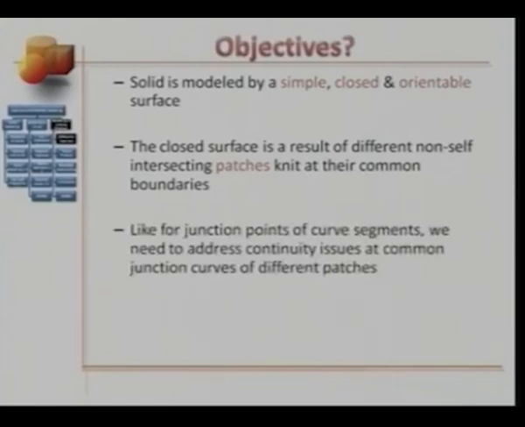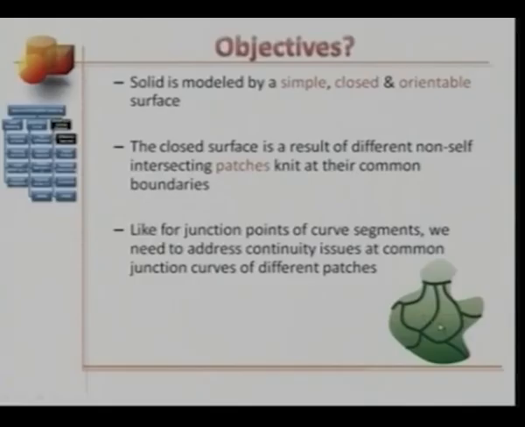Like for junction points of curve segments, we need to address the continuity conditions at common junction curves of different patches. What do I mean here? Well, let's take a look at this solid. Each of these are surface patches, and these are curves which are common between different surface patches. For example, this curve or this segment here is common between these two patches.